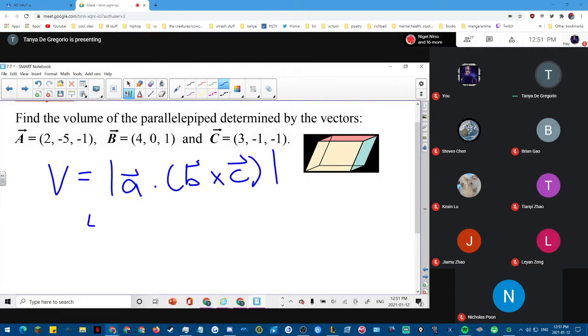So I have B first, 4, 0, 1, 4, 0, 1. Oops, I should have left a little more space there. And then I have negative 1, negative 1.